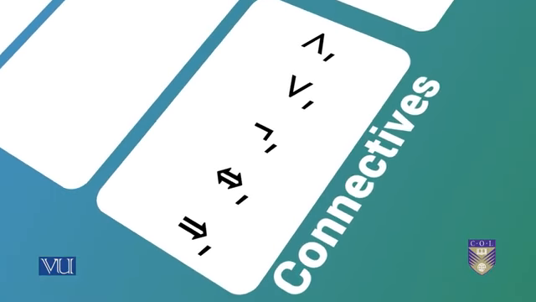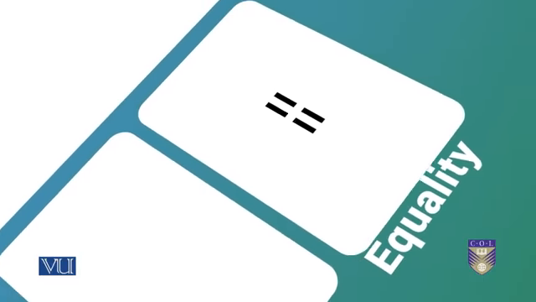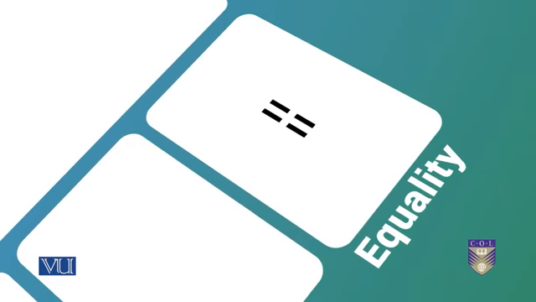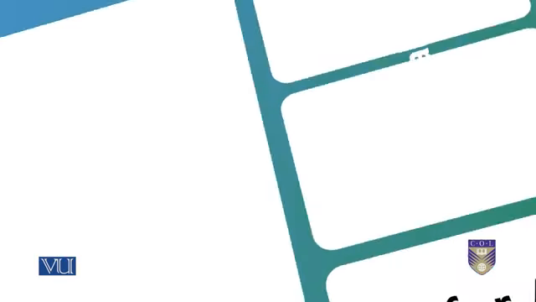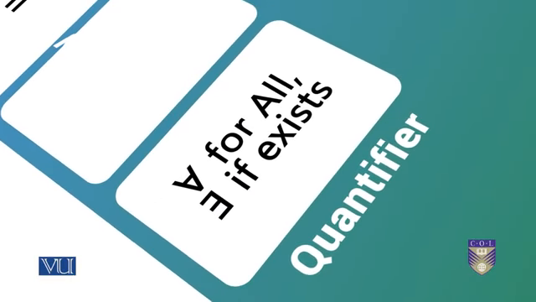We can have connectives, as we discussed, those logical ones: and, or, not, if and only if, implies, and so forth. We have equality, which means two things are equal. And of course, the one that allows you to say things like for all values of. And also another quantifier, which says if there exists. Now I imagine this is a lot of flexibility in terms of representation and manipulation of those propositions.